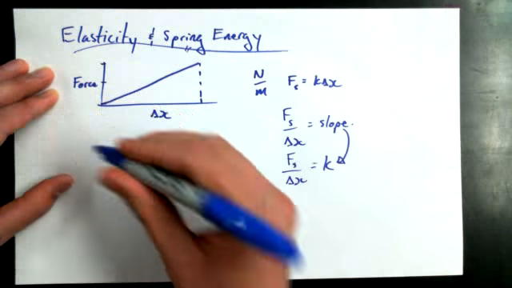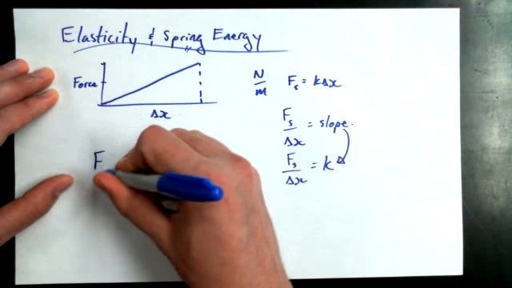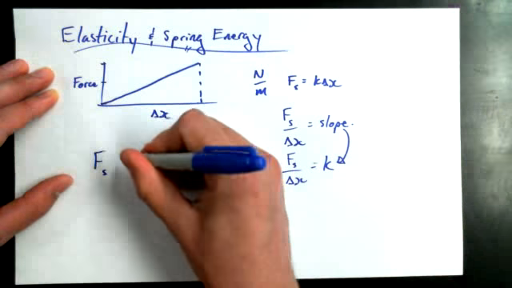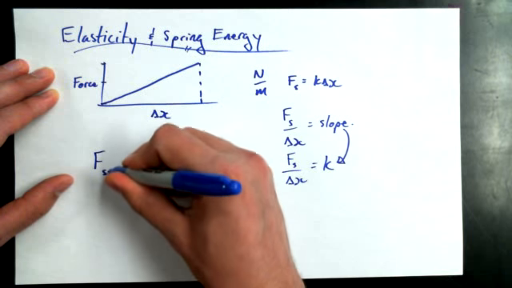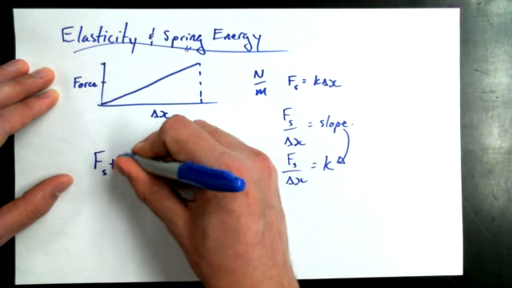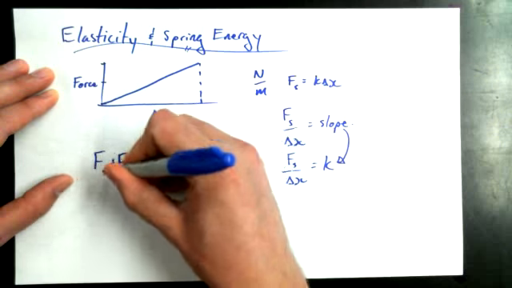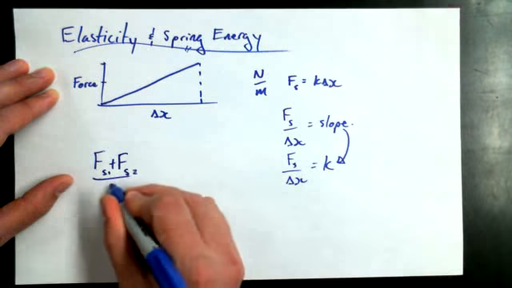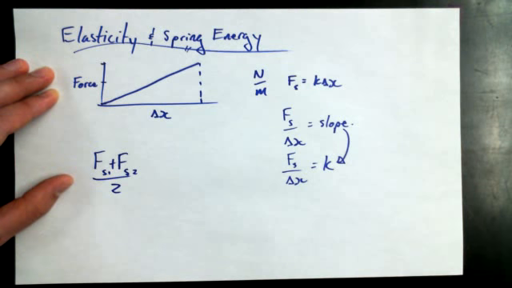So Fs max plus Fs minimum, divided by 2, would be some average force. You could do that.